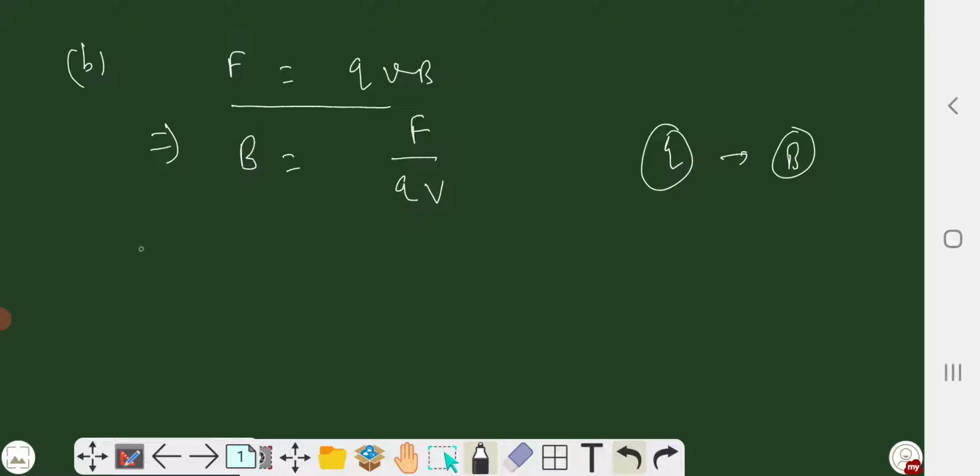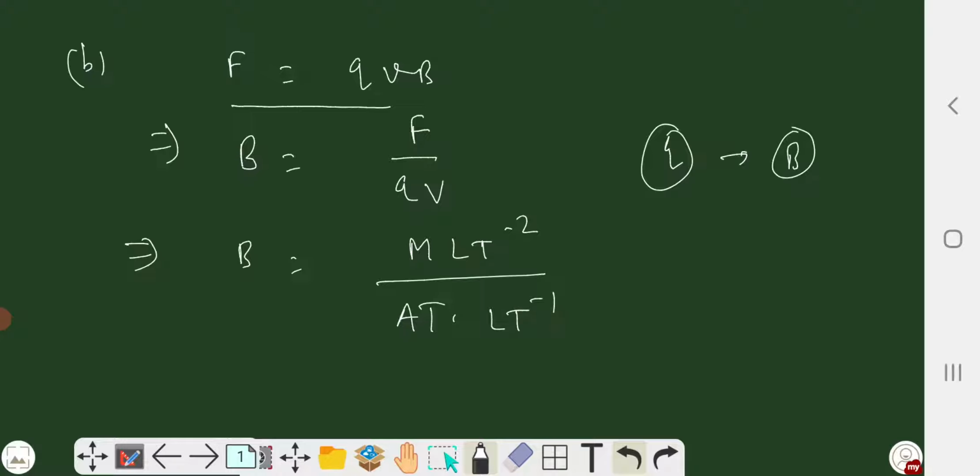So you have to find the magnetic field's dimensional formula. I'll be writing here, what is the dimensional formula of F? It is very simple, MLT minus 2, and here is charge, that is AT, and velocity you all know, LT minus 1. In the last video we have done so.